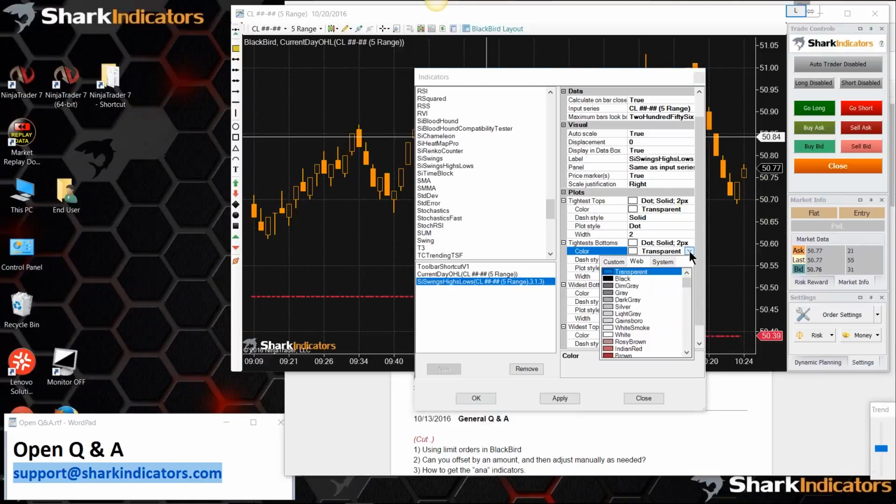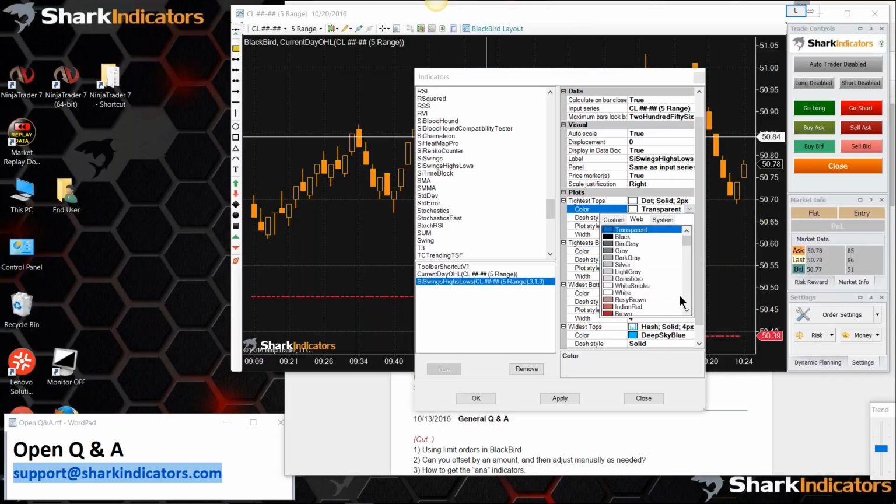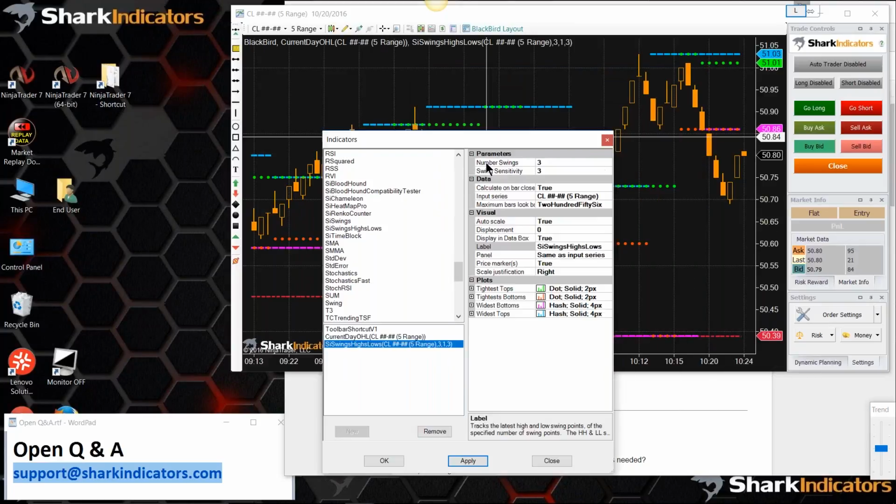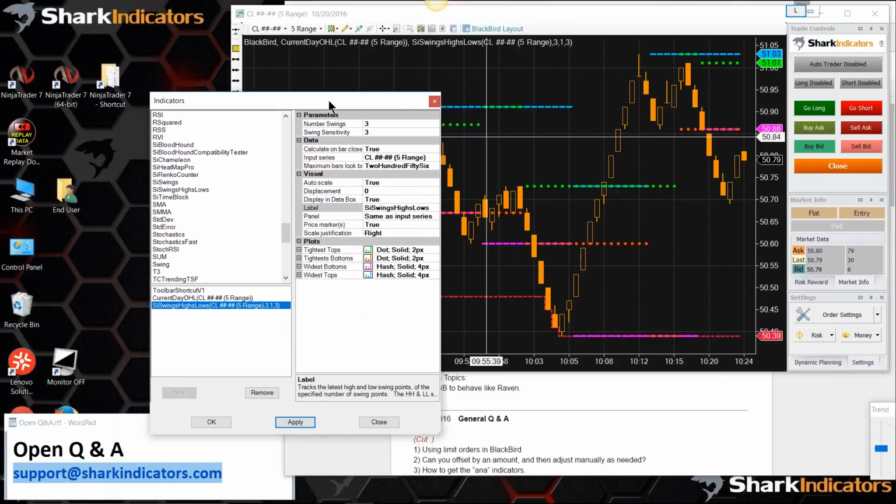So tightest bottoms, I'll just make that red dots for now, or orange red, good enough. And the tops, I guess we'll go with green. Let's see how that works out.